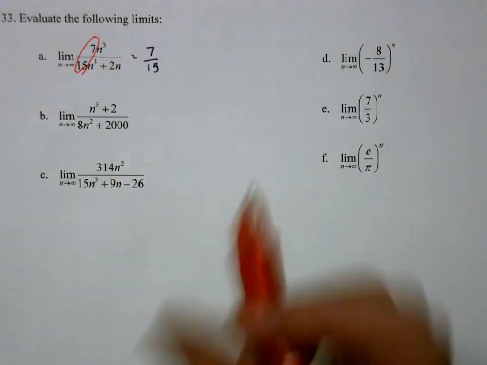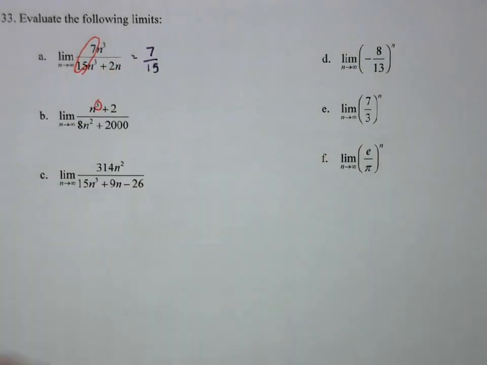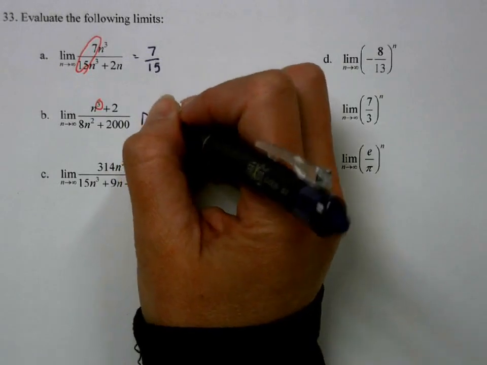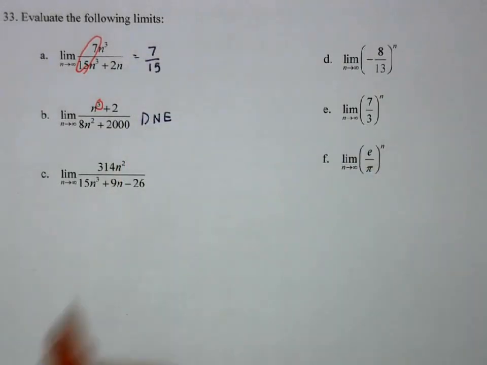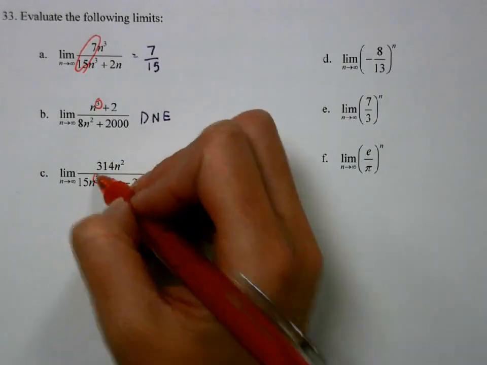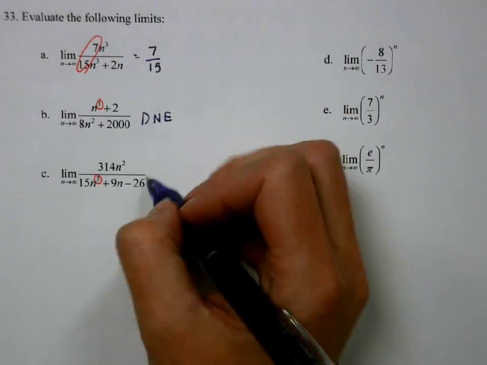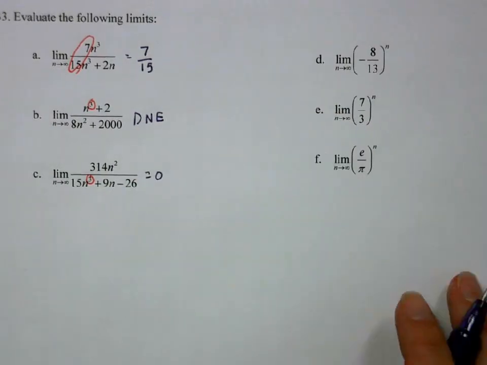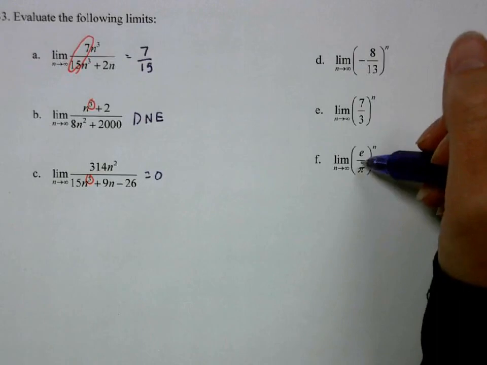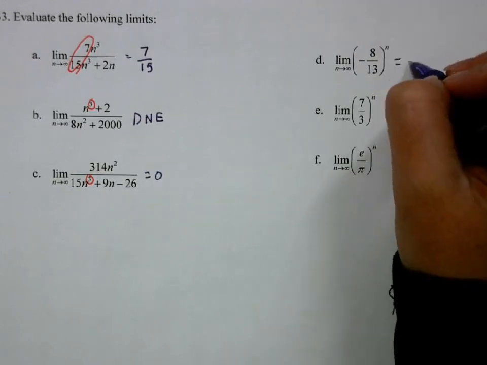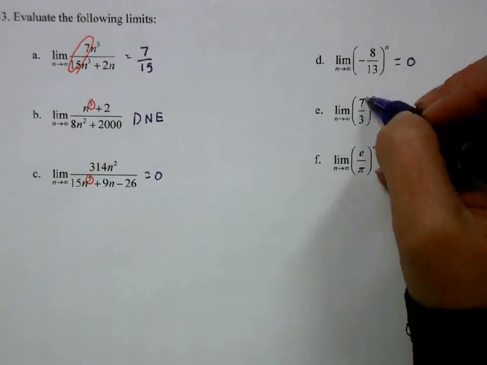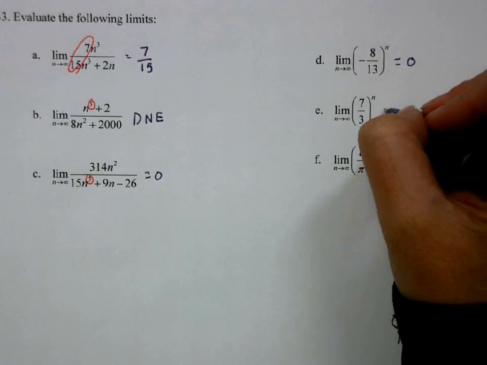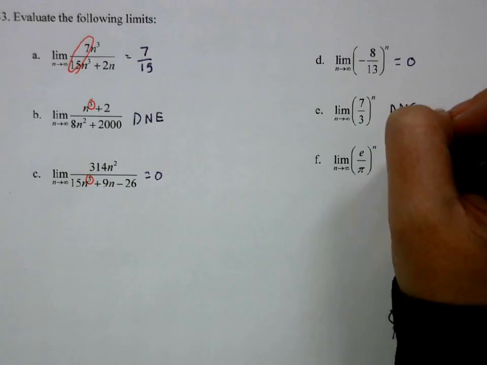For these exponentials, if the base is between -1 and 1, it goes to 0. If it's bigger than 1, then it goes to infinity or does not exist. E is about 2.718. Pi is about 3.14. So that number is less than 1. So that is 0. So that is your pre-calculus final review.